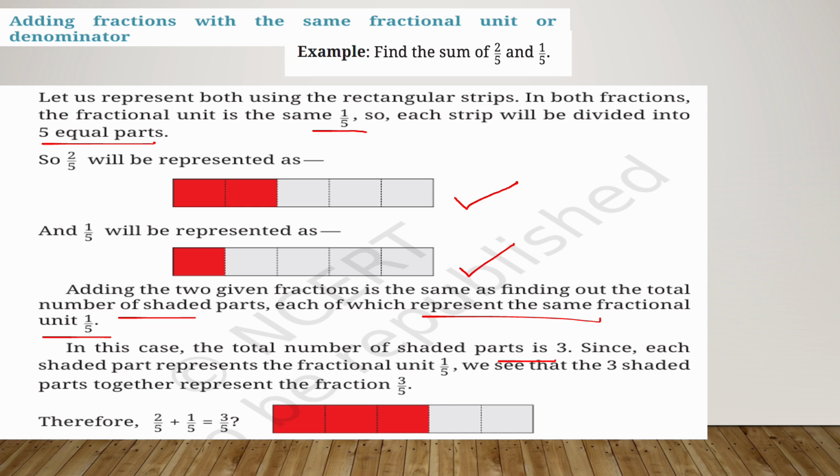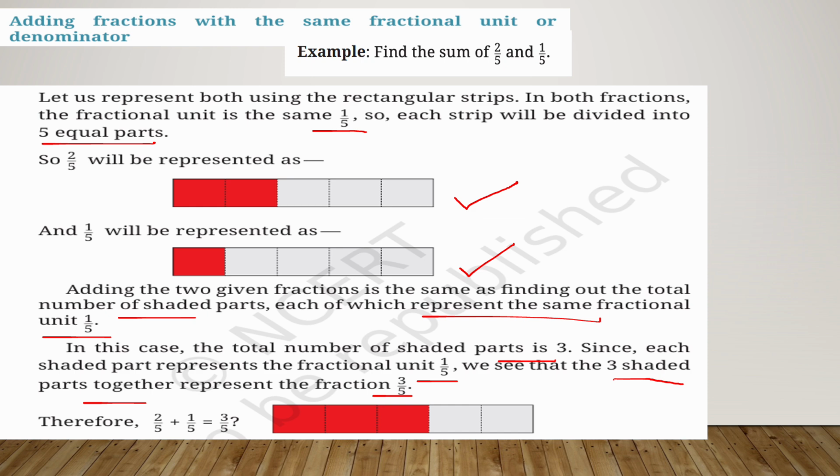Since each shaded part represents a fractional unit 1 by 5, we see that 3 shaded parts together represent the fraction 3 by 5. See, each shaded part is 1 by 5. So, 3 shaded parts together becomes 1 by 5 plus 1 by 5 plus 1 by 5, that is 3 by 5.